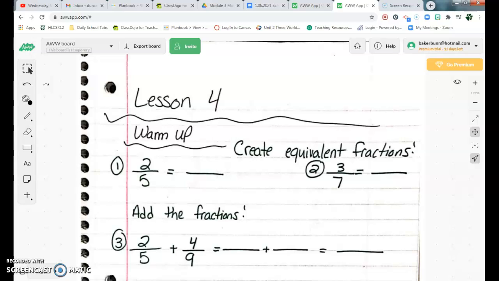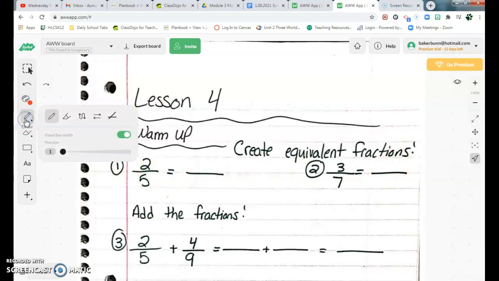All right, so to go over Lesson 4, we're going to answer our warm-up questions. For our warm-up, the first problem given to us was to create equivalent fractions for each one of these two fractions. So I have 2/5.